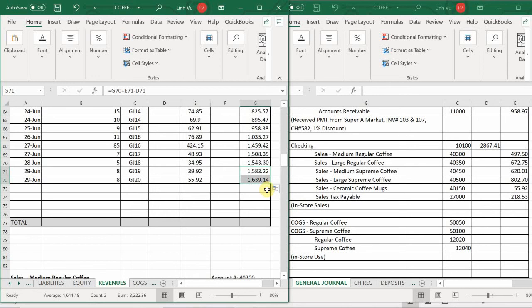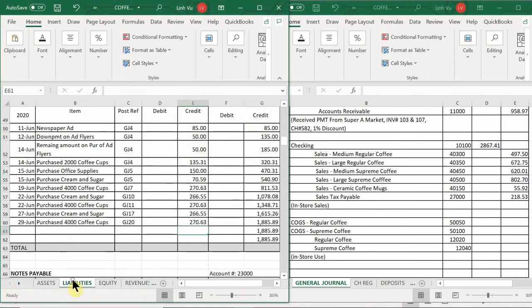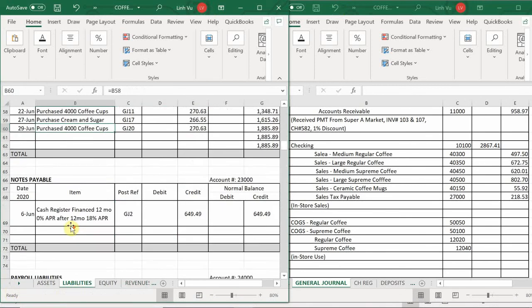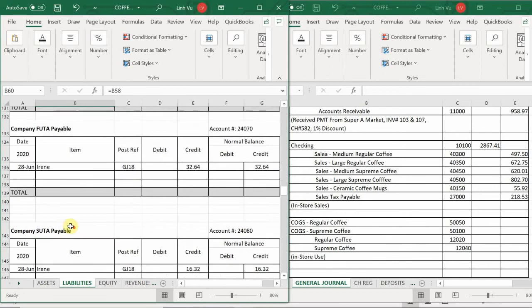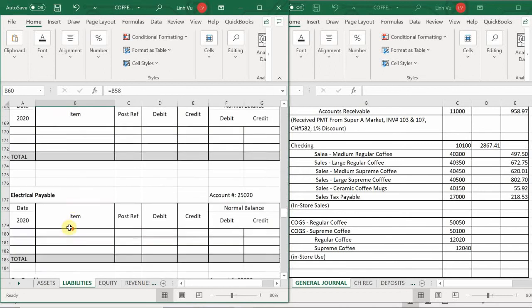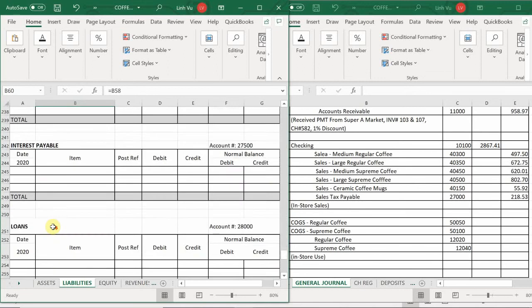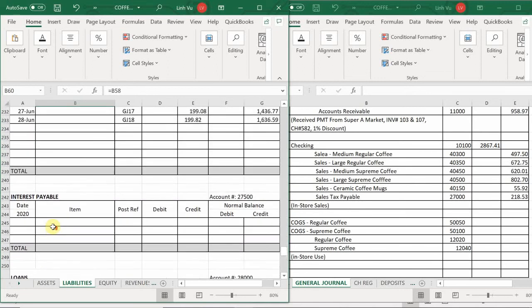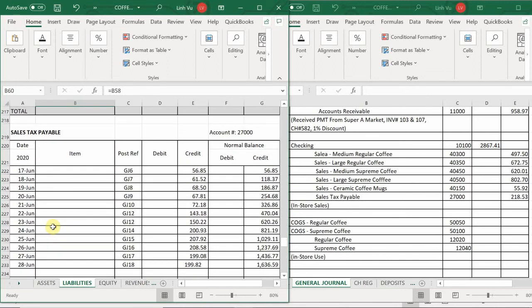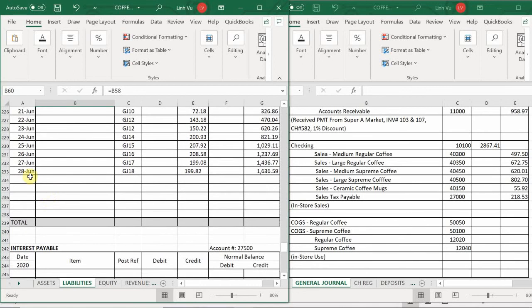Last account that we have on the list is my sales tax payable. Here we go. Sales tax payable.